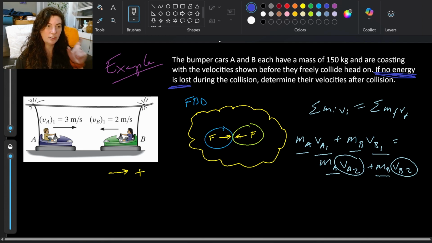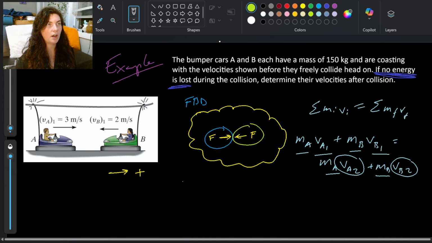That "if no energy is lost" is a really good key indicator that our energy is going to be conserved as well. So we've got conservation of energy going for us in this problem too. So we're going to use conservation of energy and see if we can get another relationship for our final velocities so that we can solve for them.